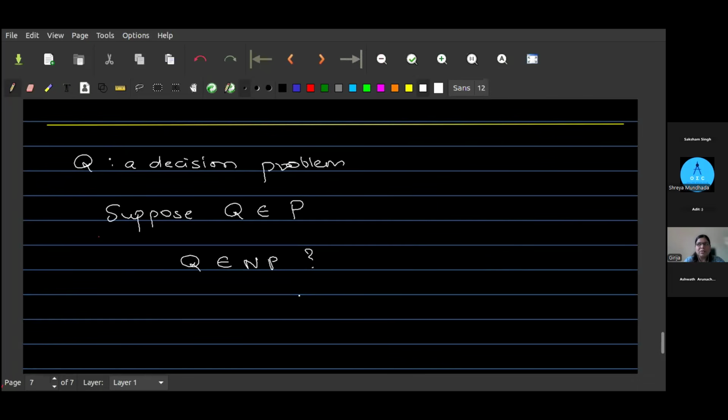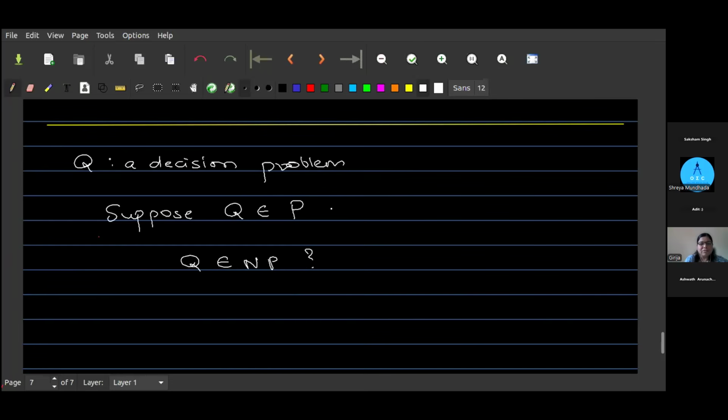Let's go back to that earlier scenario. You and your friend are sitting next to each other solving. Your friend comes to you, and you don't listen to that person, and you are just solving it yourself. Finally, you arrive at an answer, and now you don't even need their certificate because you know the answer. So whether they are making a correct claim or not about yes being the answer, you yourself know it because you have solved it.